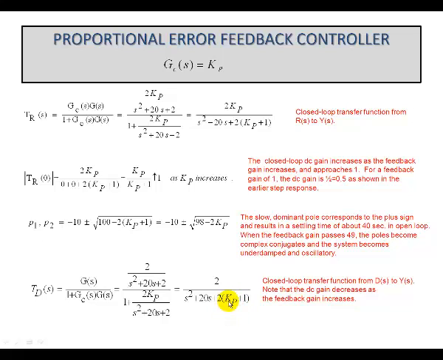But if Kp is, say, 49, this will be 1 over 50, and a unit step disturbance will be multiplied by 1/50th, will be divided by 50. So it'll be 0.02, or it will produce almost no impact at all. And that's a desirable feature that we would like.